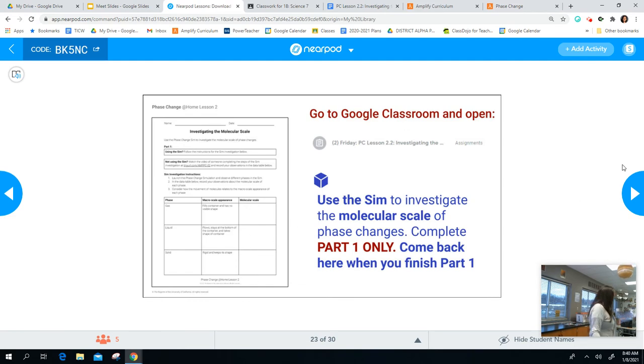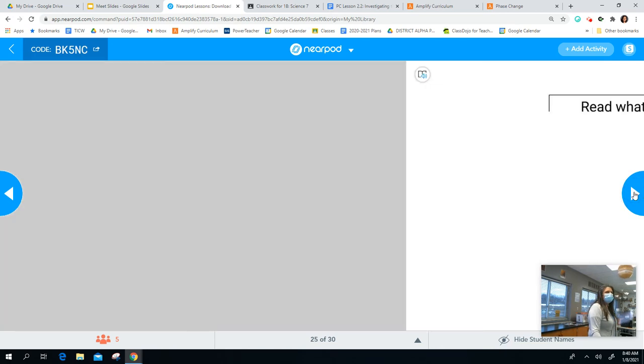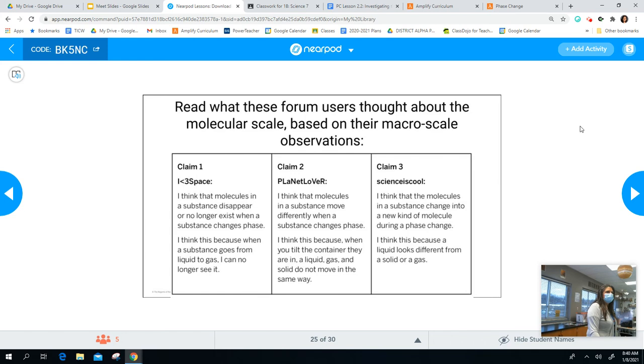Questions? Help? We're good. All right, so moving on. So we just talked about this. The solids stay in place and move in place, the liquids move around each other, and the gases move away from each other and everywhere. You don't have to go back and check as long as you made your corrections as we talked about it, but people at home will want to do that.